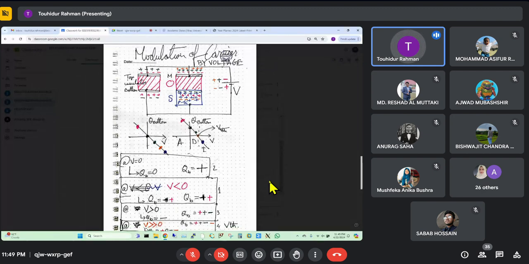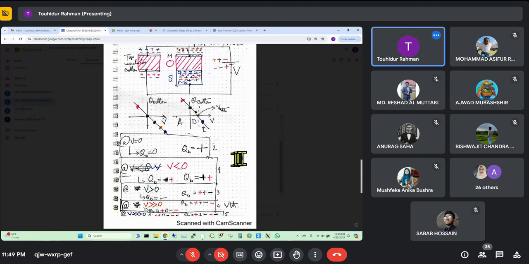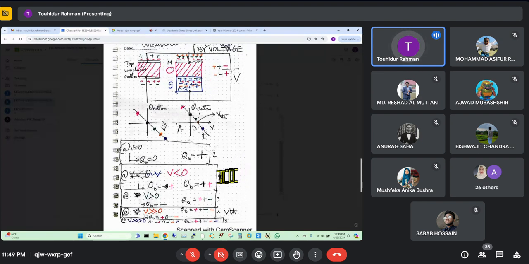So we will do this analysis in a total of five different regions. The very first region is when the applied voltage is less than zero, or the applied voltage is negative.